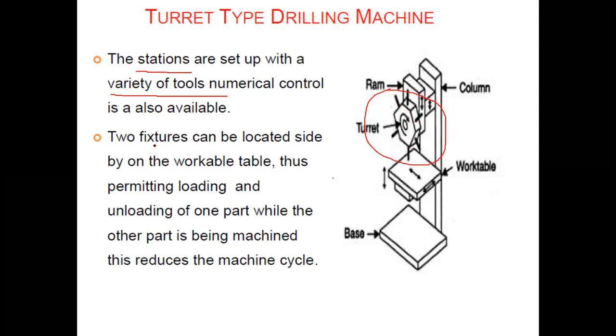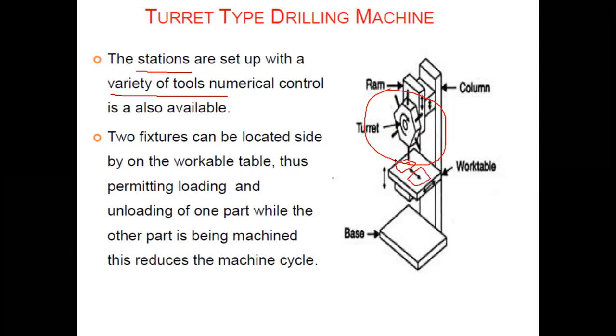Two fixtures can be located side by side on the work table, thus permitting loading and unloading of one part while the other part is being machined. So you can have two different work holding devices mounted side by side.